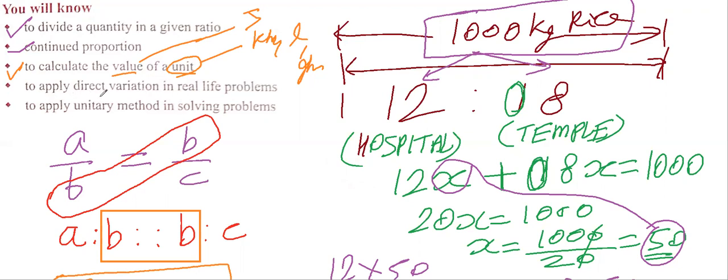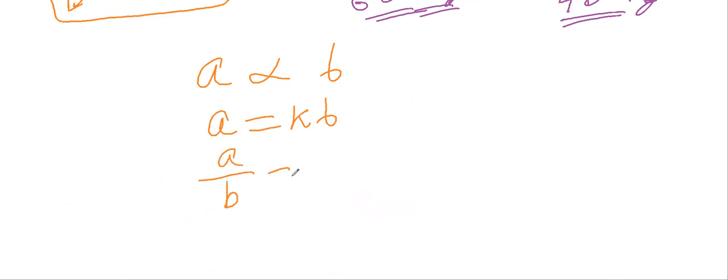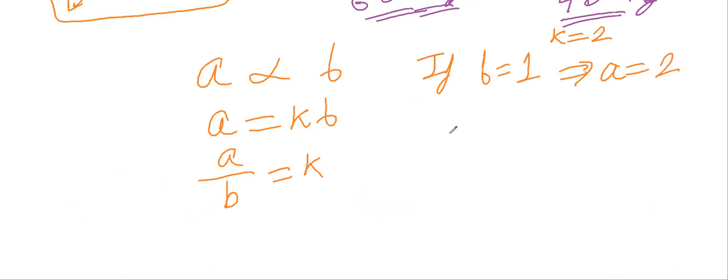Next point is to apply direct variation in real life problems. Direct variation means a is directly proportional to b with some constant, say k, so you can write a is to b equal to k. As I explained earlier, if the value of b is 1 and k is 2, then a will be 2.